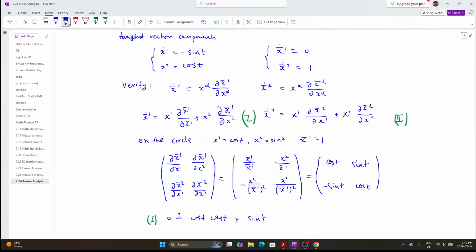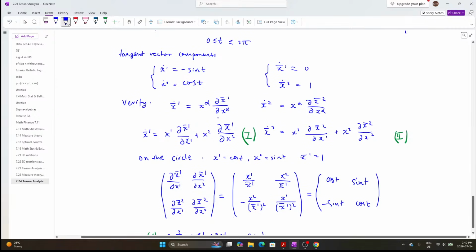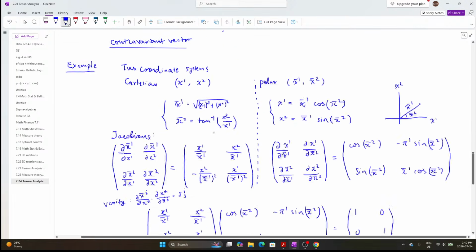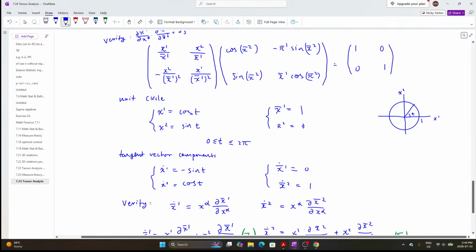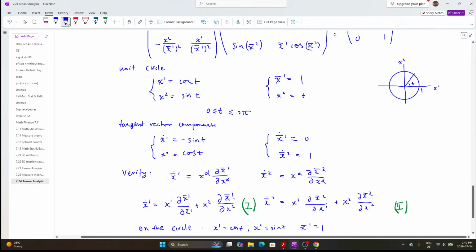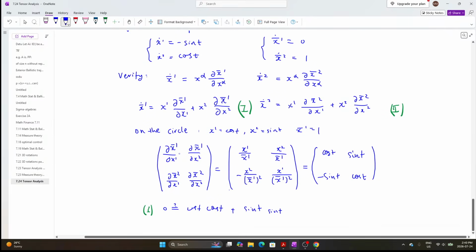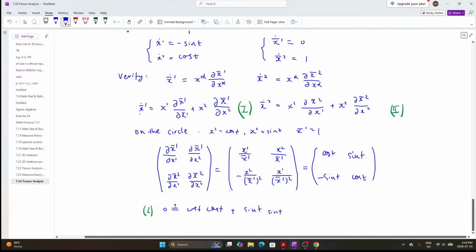It's messed up. I don't know why. So this should be correct, but somehow it's messed up. Look at the transformation law. Recheck. Bar on top, unbar at the bottom. This is what we wanted to verify: x bar 1 should be 0.